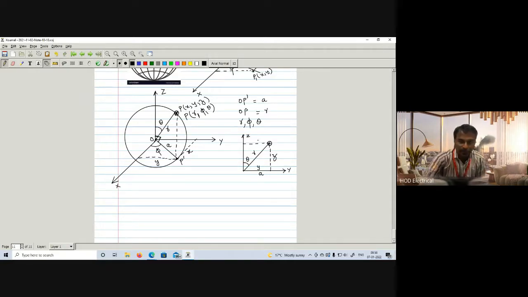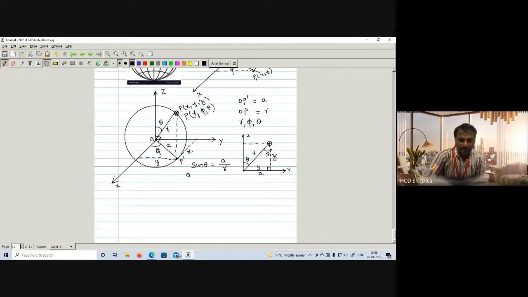Let me take the Pythagoras theorem. This is one triangle with a 90 degree angle, and this angle will be theta. Therefore we can write sine theta equal to the opposite side a divided by r, the hypotenuse.